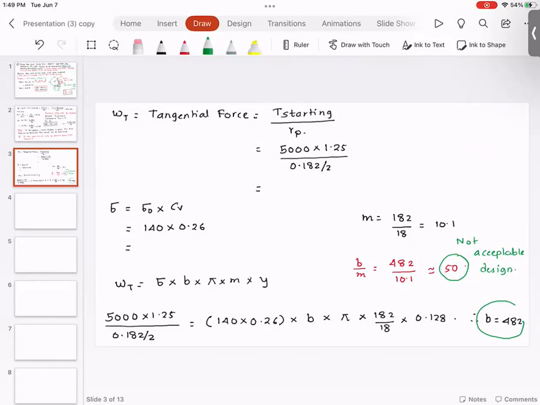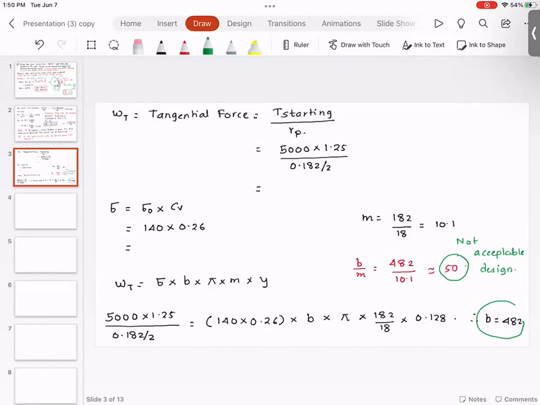Now I want you to think about this problem and tell me what is the path of least work, which means what can I do here? So this is the question. What can I do here that will bring my B down within the acceptable proportions? Yeah. Change the material.